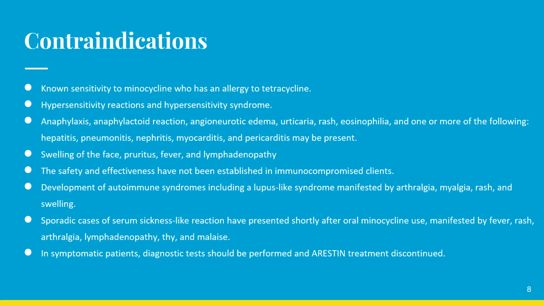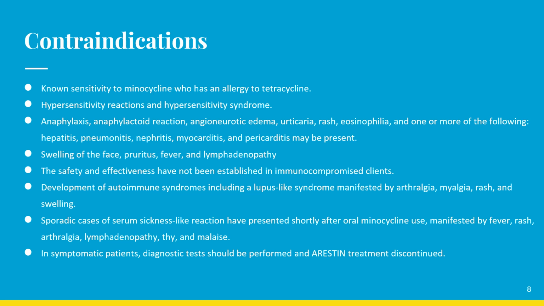The safety and effectiveness of Arestin has not been established in immunocompromised patients or in those with coexistent oral candidiasis. Use with caution if there is a predisposition to oral candidiasis. Tetracyclines, including oral minocycline, have been associated with development of autoimmune syndromes, including a lupus-like syndrome manifested by arthralgia, myalgia, rash, and swelling.